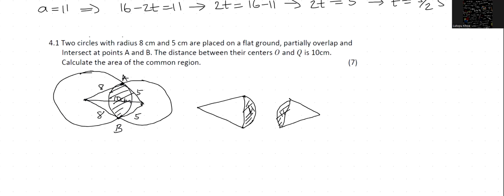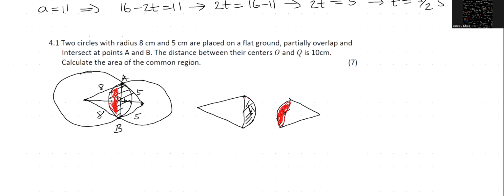Let's see if I can use a different color. So we have the red side here, so that's this one here. And then we have the black one over there.